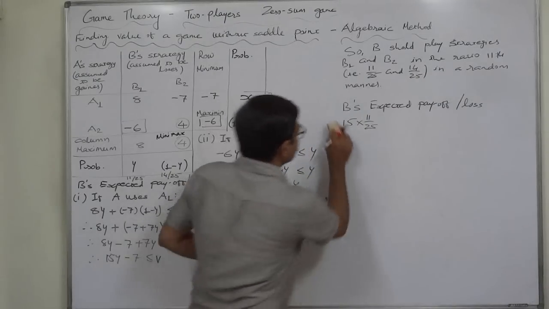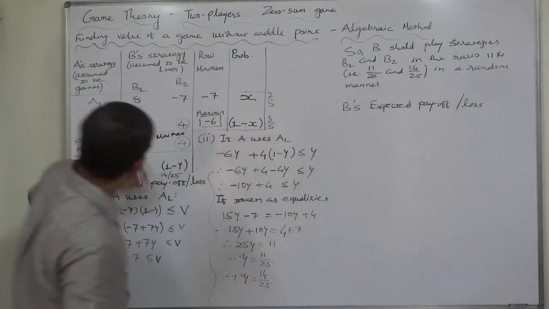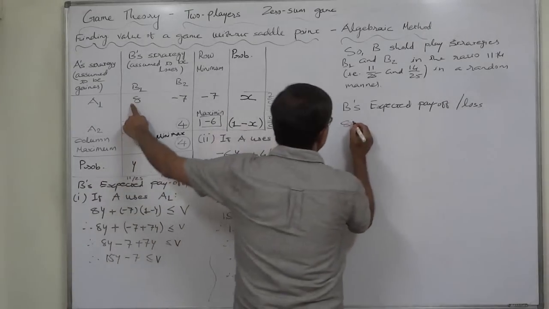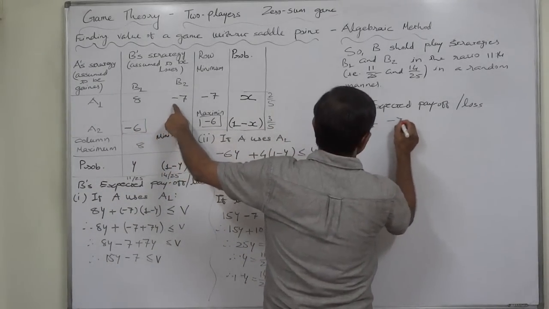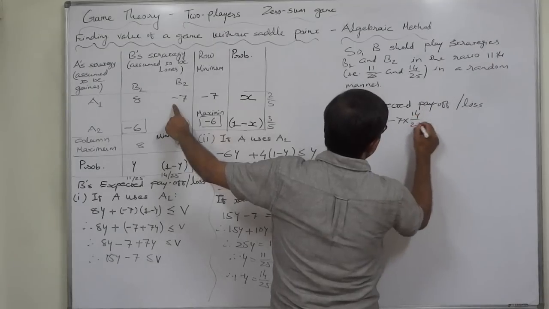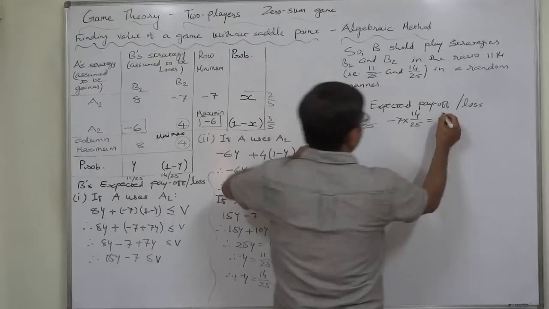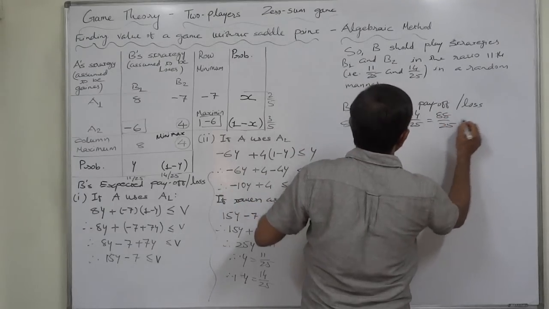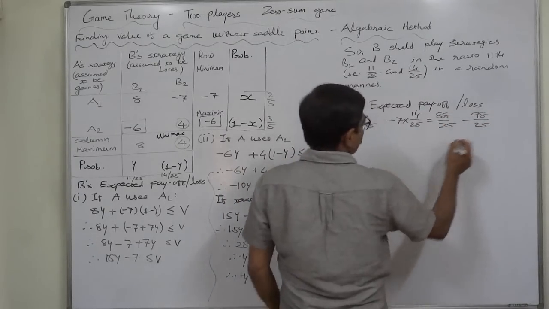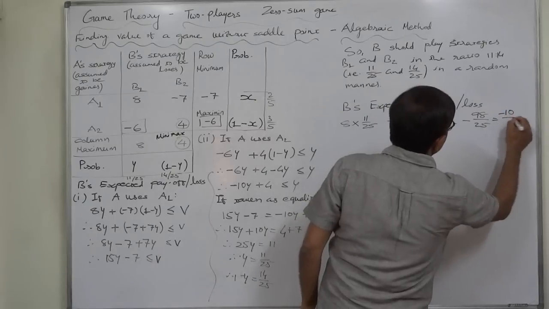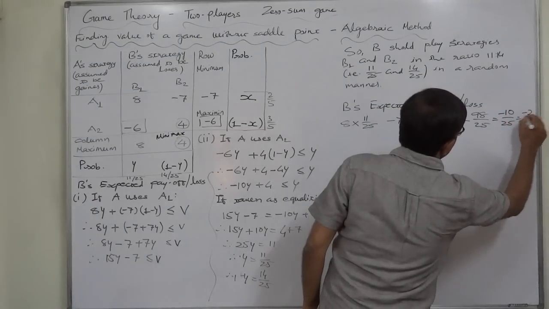We are going to take the original values from the table. It can be 8 into 11 by 25 minus 7 into 14 by 25. That will be 88 by 25 minus 98 by 25. So it comes to minus 10 by 25, that is minus 2 by 5.